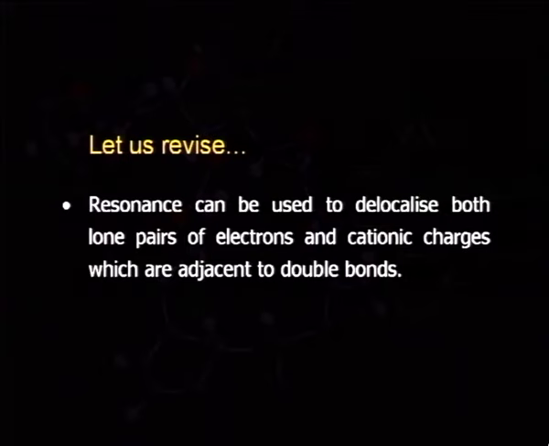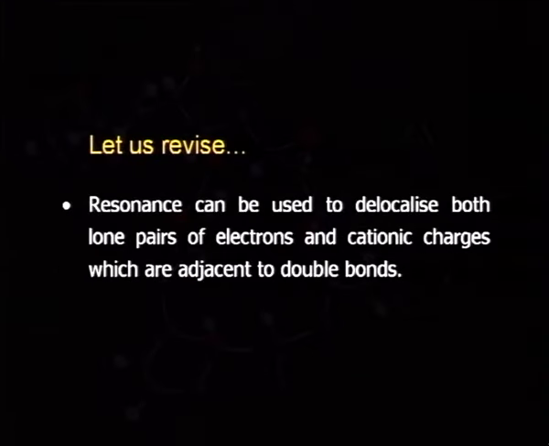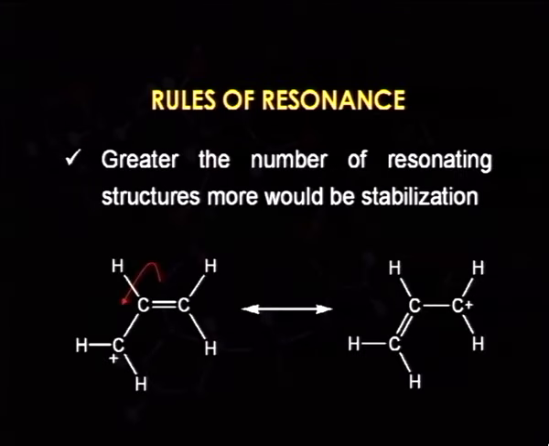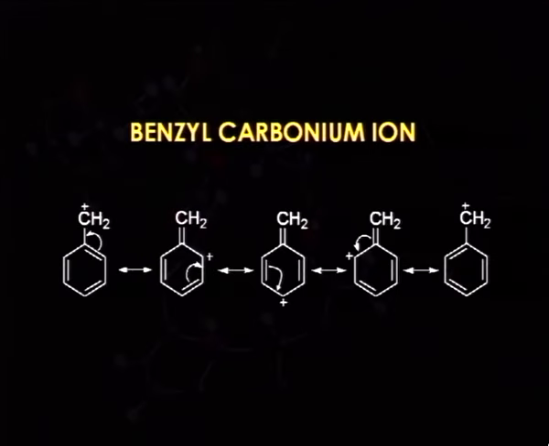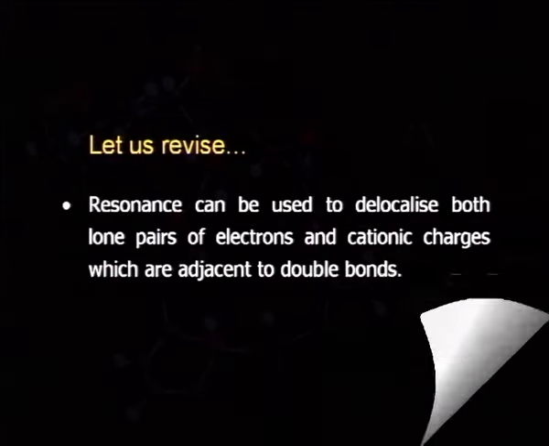Resonance can be used to delocalize lone pairs of electrons, as we observed in the case of vinyl chloride and many other molecules, and this can be helpful to understand the delocalization of cationic charge also, as happens in the case of the allyl carbonium ion and benzyl carbonium ion, if these cationic charges are adjacent to the double bond.